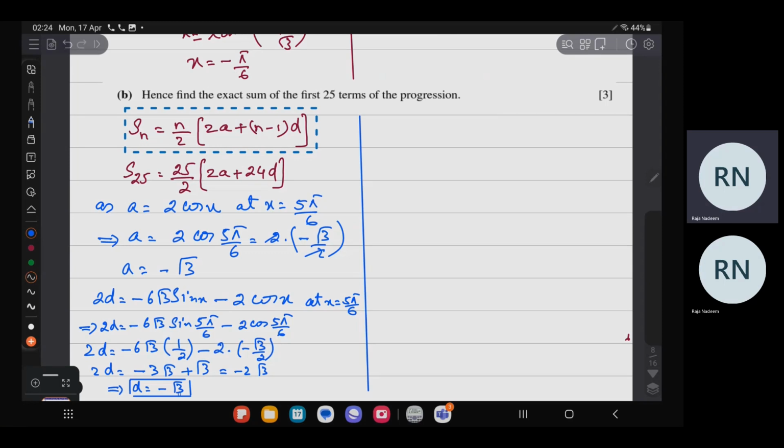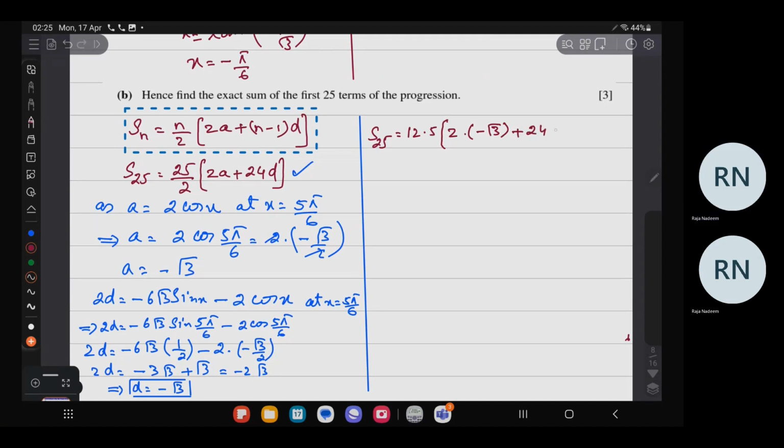Now we have the value of a and the value of d, and now we plug all these values into the formula for the sum of the first 25 terms. S25 is equal to 12.5 into 2a, where a is equal to minus root 3, plus 24 times the value of d.